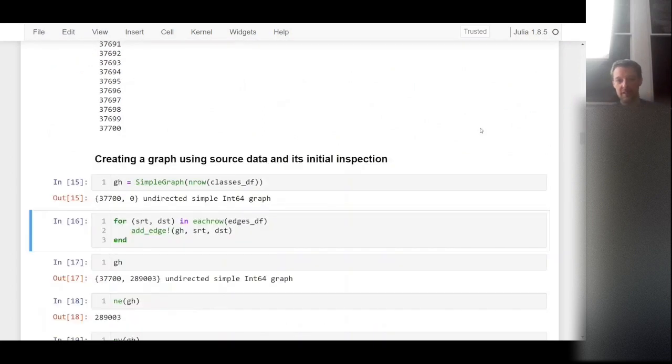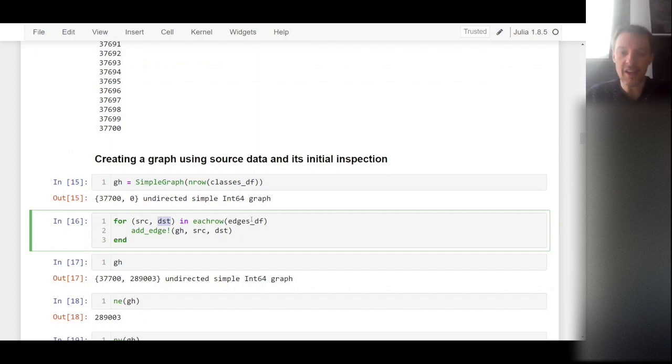But actually, it should be SRC. This is a typo, but it does not matter. I iterate each row of my data frame, and because I know that a row has 2 elements, I extract those 2 elements and give them the names SRC and DST.